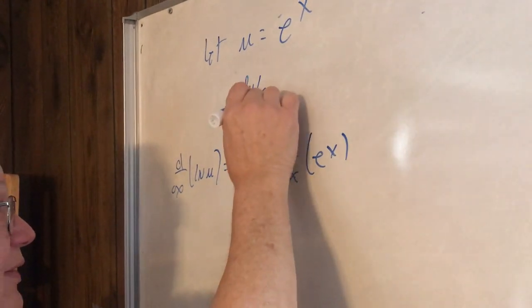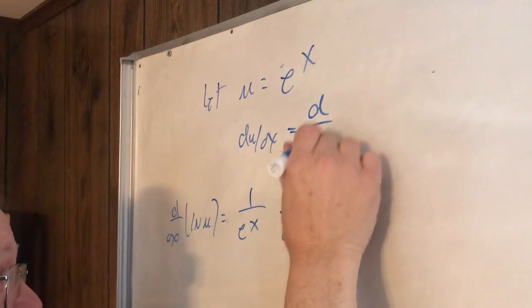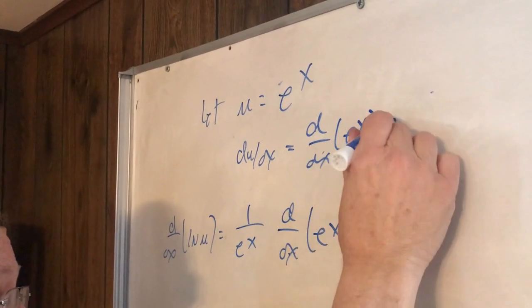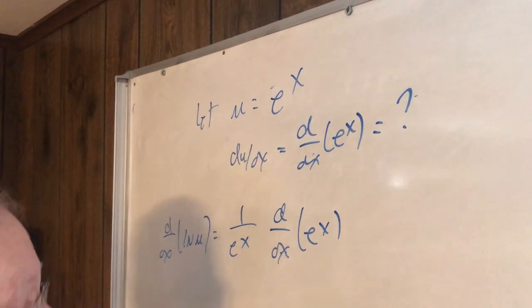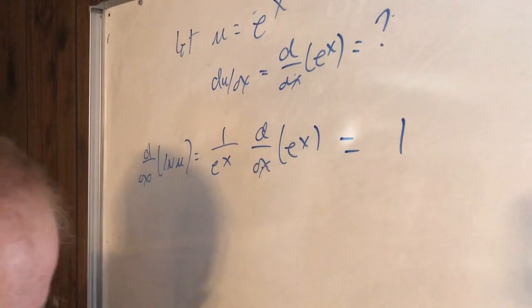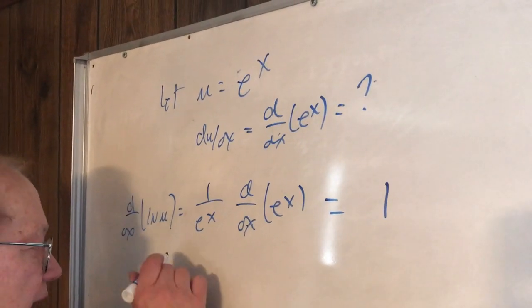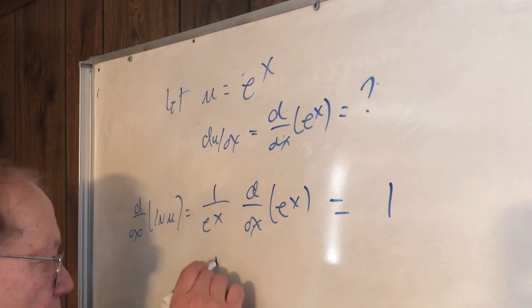So du dx is d dx of e to the x, and I'm going to pretend that I don't know what that is. And I know that this is 1 on this side. Okay? Now, let me take e to the x and multiply it by both sides.